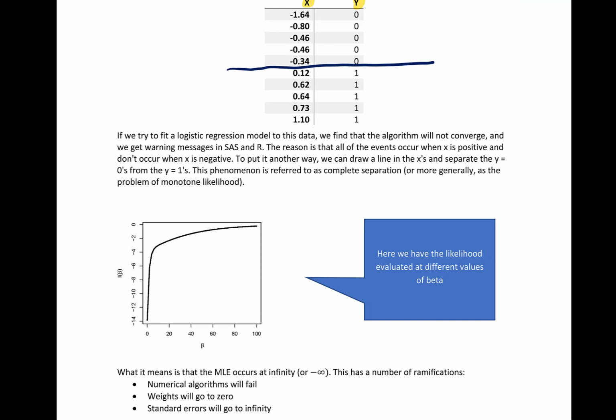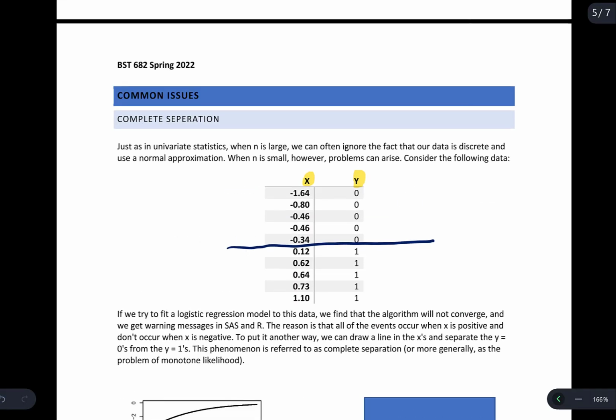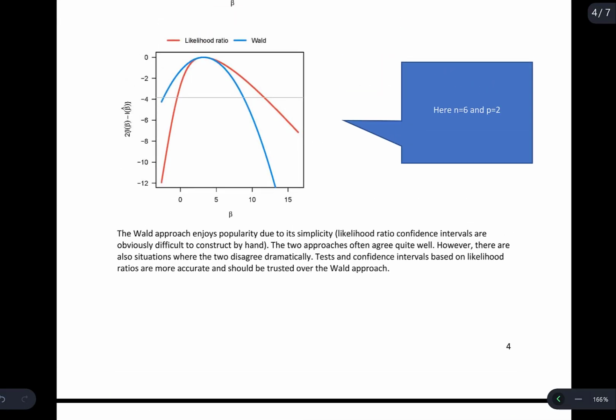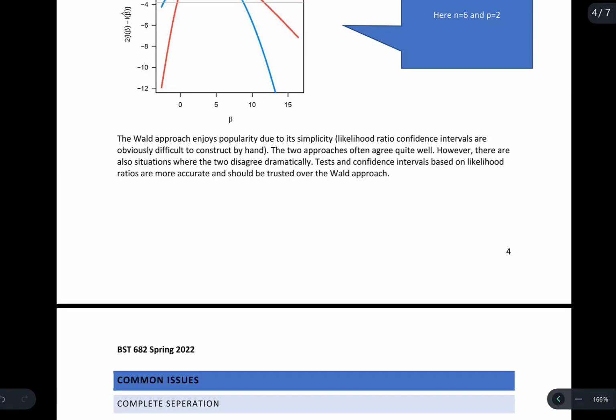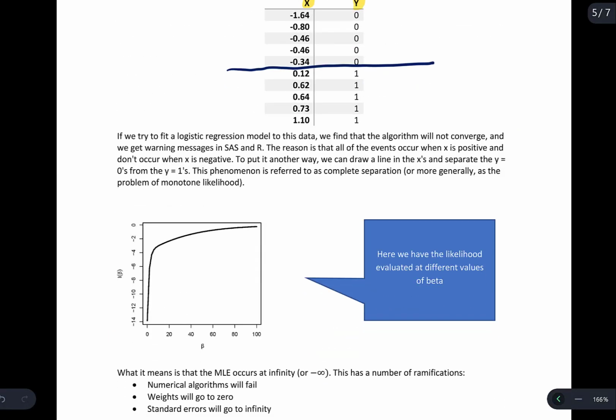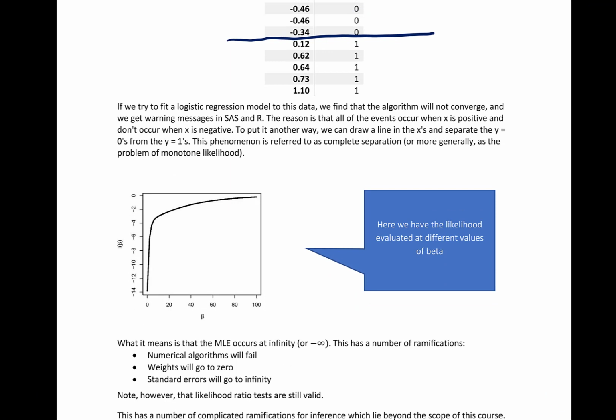Notice that in cases like this the likelihood is monotone in beta, whereas previously, if we thought of what the likelihood would look like, it wouldn't have that monotonicity. What it means is that the MLE occurs at infinity or negative infinity, because again, there's no curve here where your likelihood can be maximized.